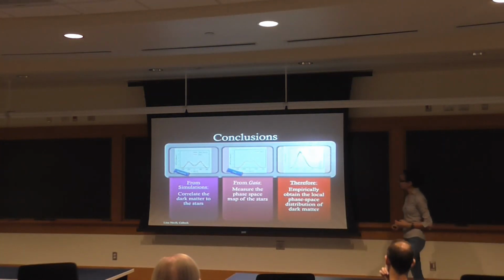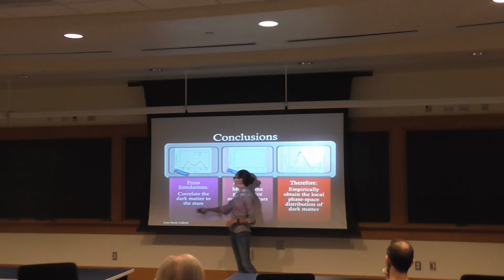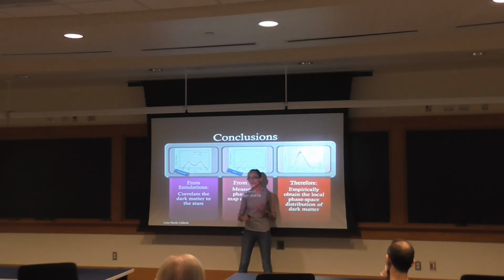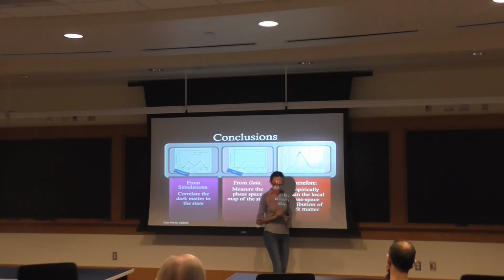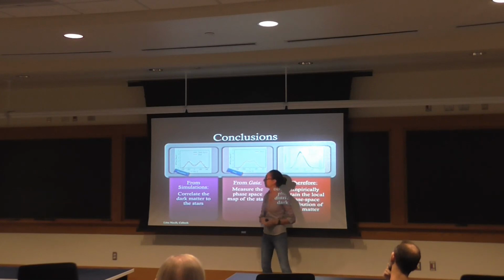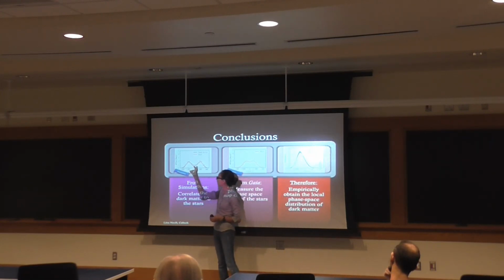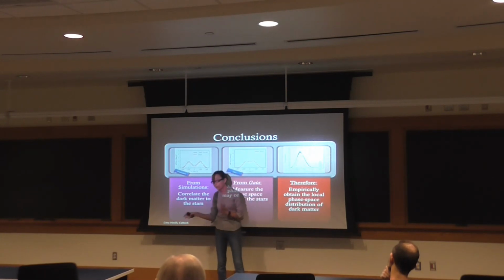So, to conclude, because this is way too fast: from simulations, we could correlate the dark matter and the stars, in particular the dark matter and the stars from mergers. What I really would like to emphasize, and this is some disagreement that we had with other groups, is that we're not saying that all stars, or all the stars of a particular type, are going to correlate with all the dark matter.